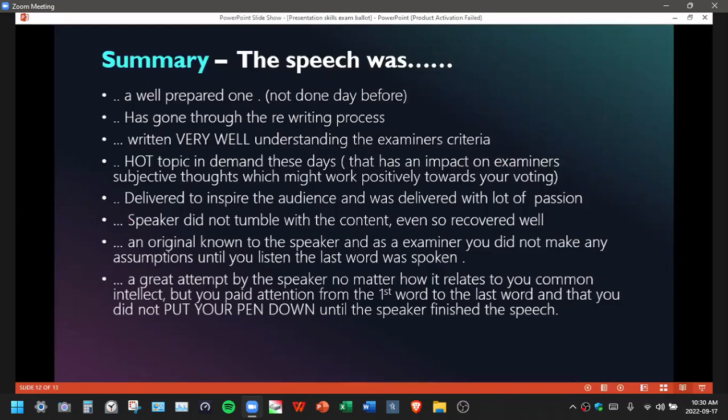It should not be something you have prepared the previous day, and make sure you have gone through the writing and rewriting, because even after writing your speech, a little bit later you will feel like these points will not be very important, so you can remove those and add things accordingly.